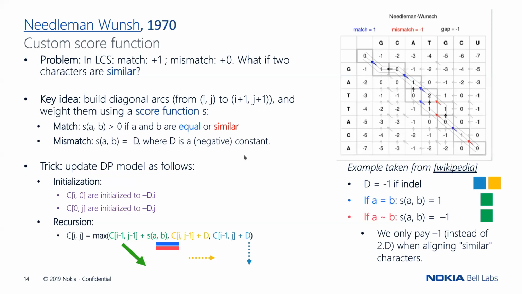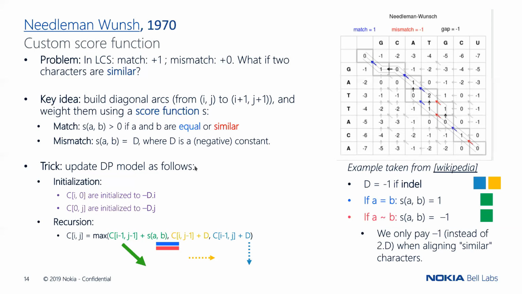And then you try to find the path that maximizes this cost. So if you want to use Dijkstra, you just take the opposite, and then you fall back to a shortest path problem. So it's not a problem.